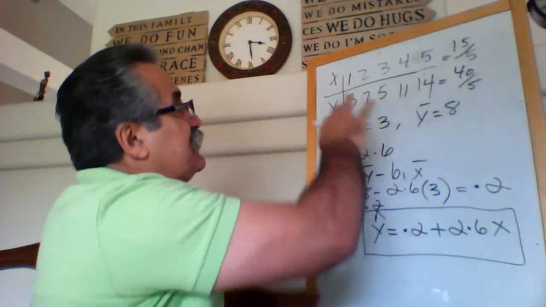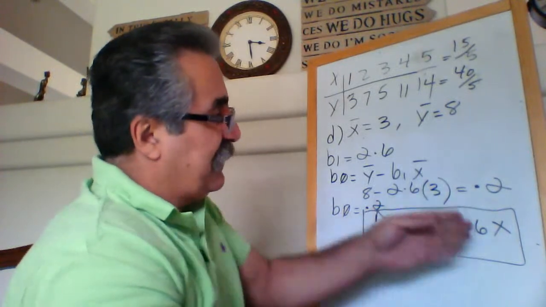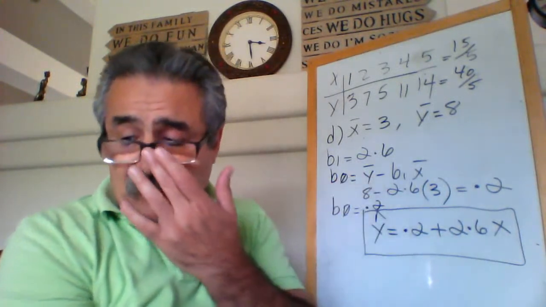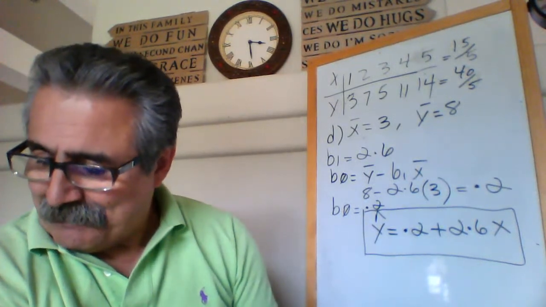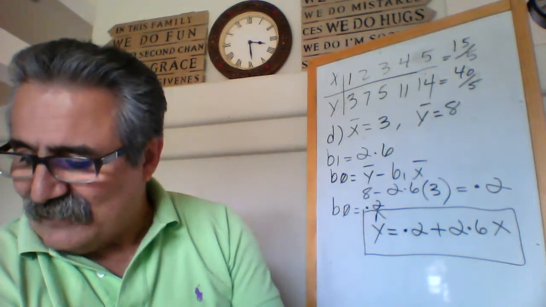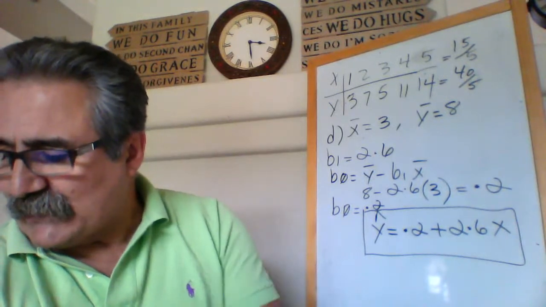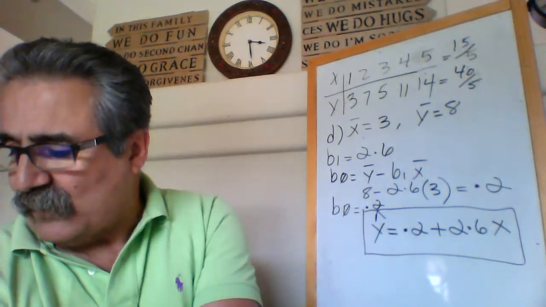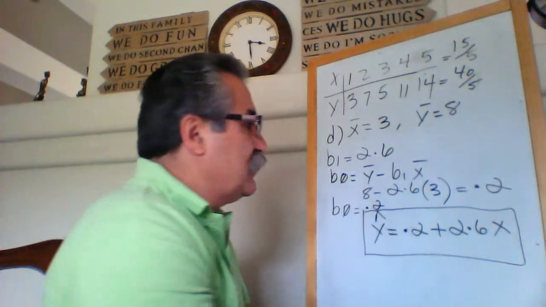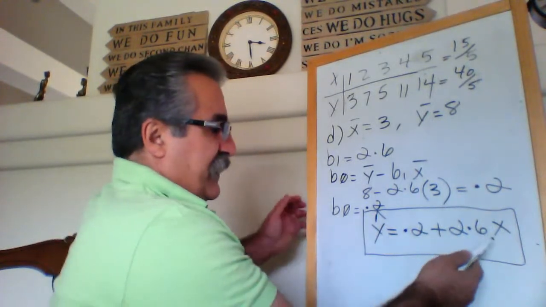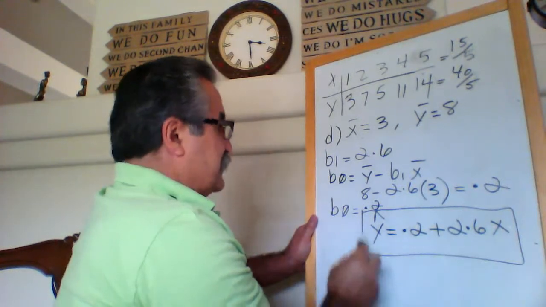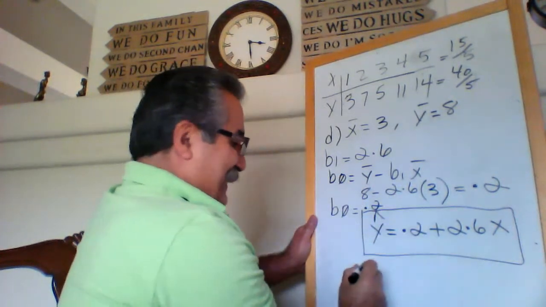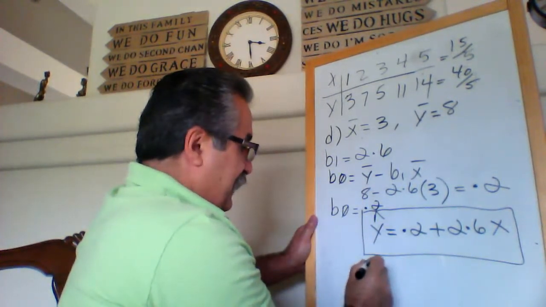Same for the rest of it. Just go ahead and substitute values for x to find the estimated value of y. So that's for part B. For part E, use the estimated regression equation to predict the value of y when x is equal to 4.